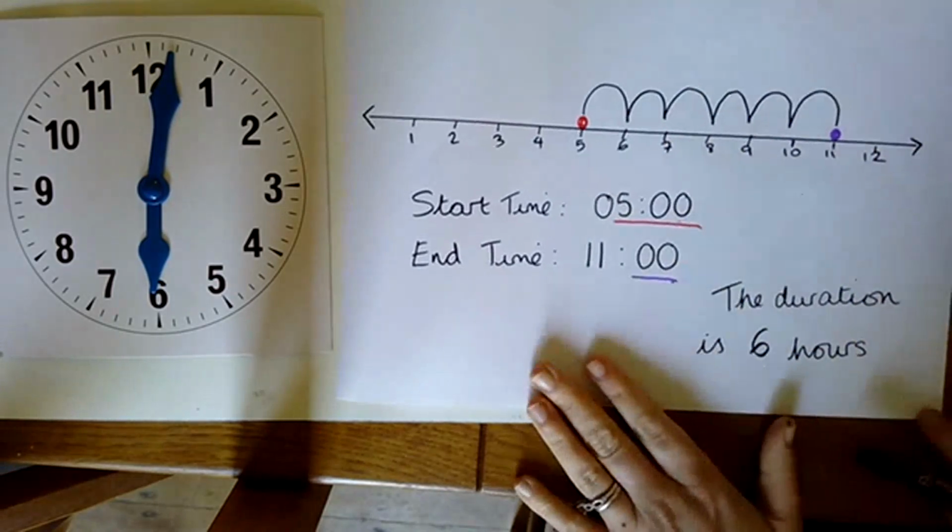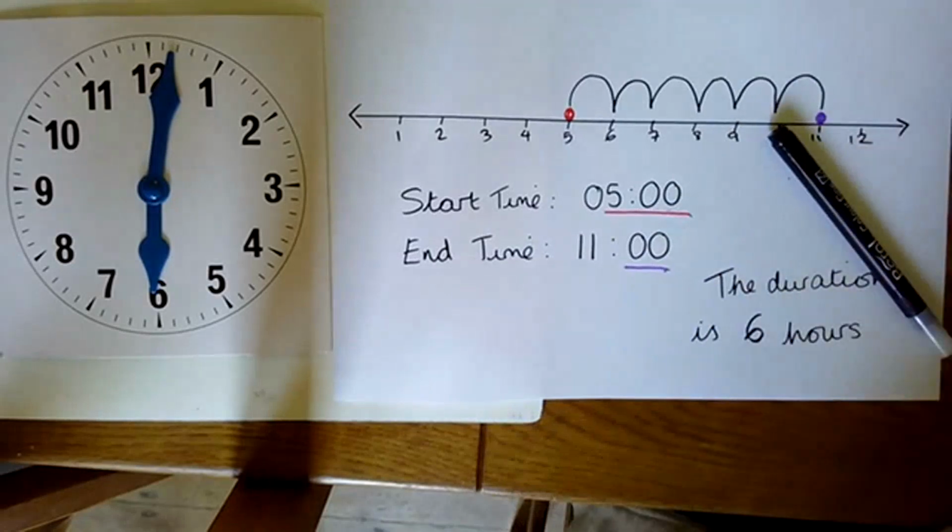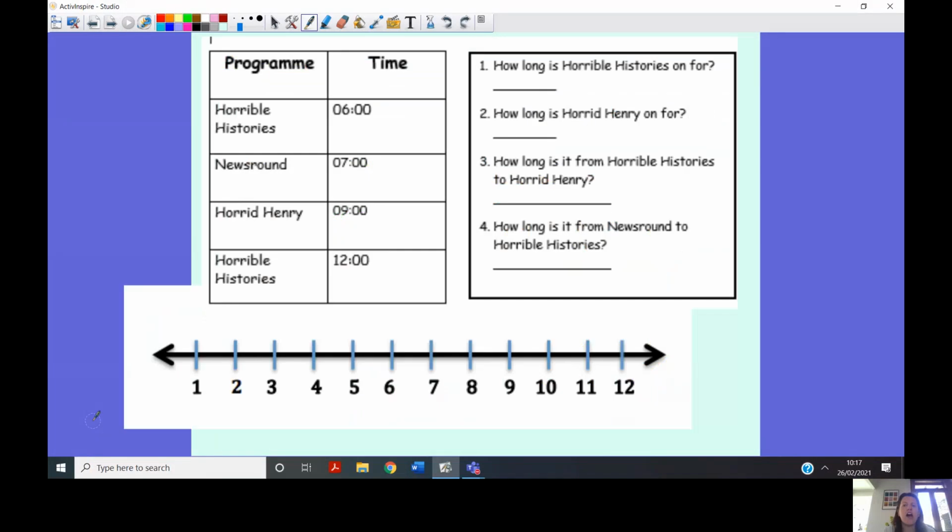Perfect. So we've just done some ones where we've looked at it on a visual representation on our number line. What we're going to do now is switch back to our screen, and I'm going to show you how we can apply this. So here you can see I have a TV schedule of some different programs.